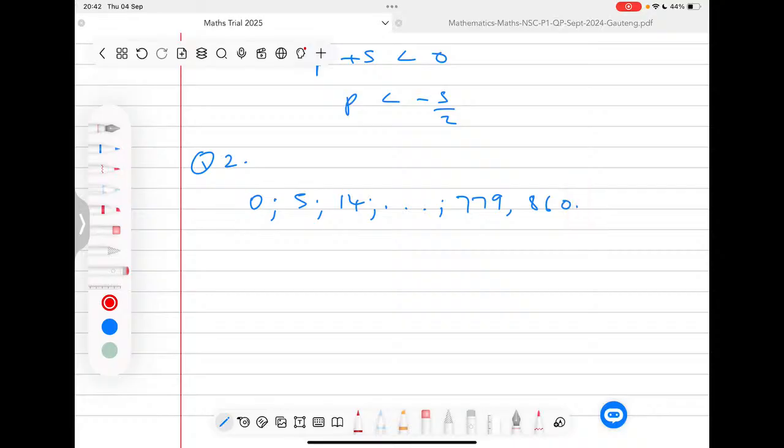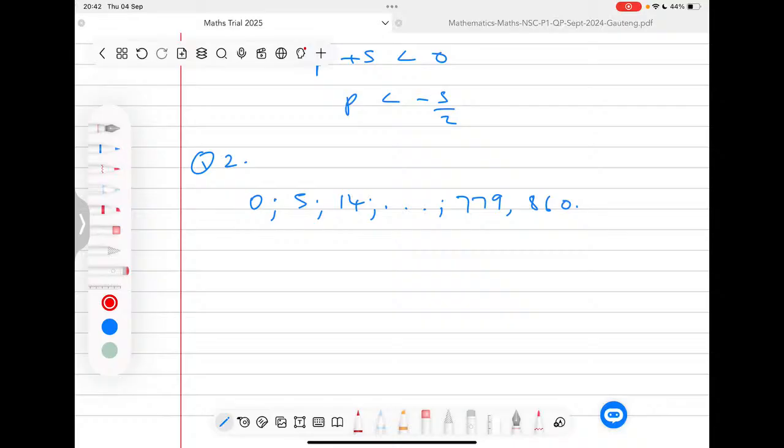Remember, if we were to put the dots here, it means it's continuing, and then it becomes an infinite sequence. So this is a finite sequence. It ends exactly at 860. 860 is the last term in this sequence.